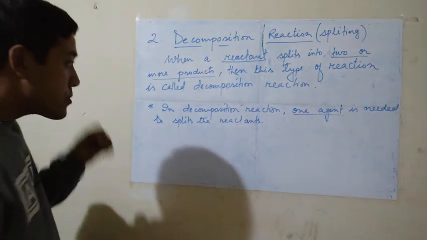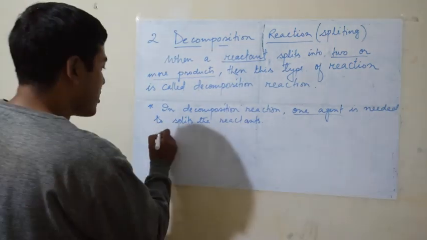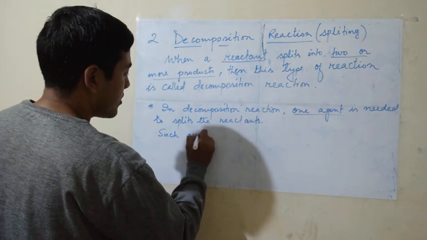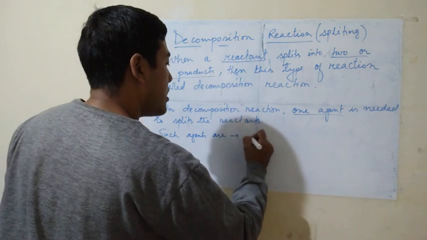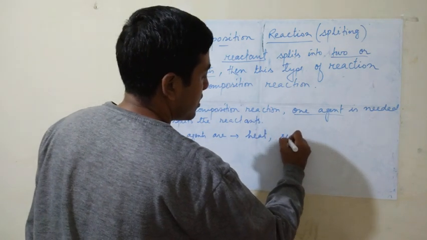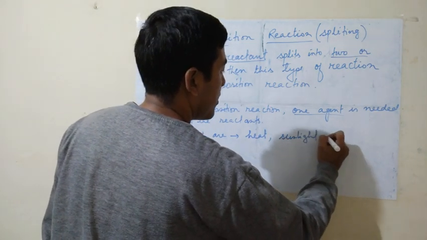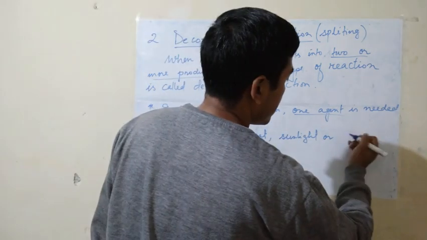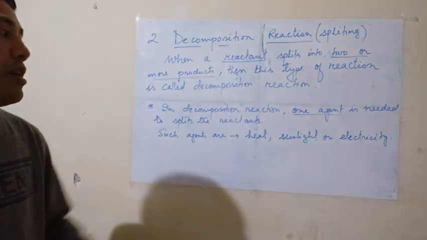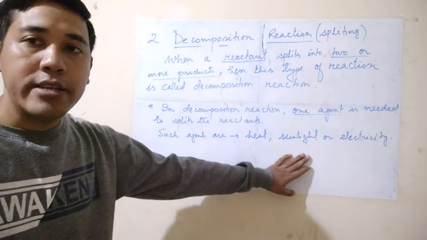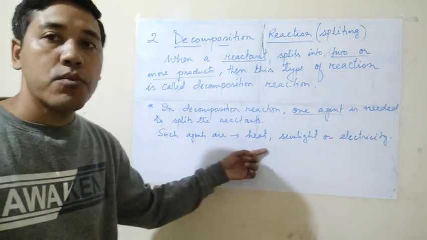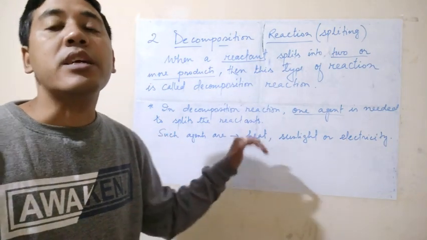Now, what are such agents? It may be heat, it may be sunlight, or it may be electricity. The agents will be heat, sunlight, or electricity. One out of these three is required to perform the decomposition reactions.